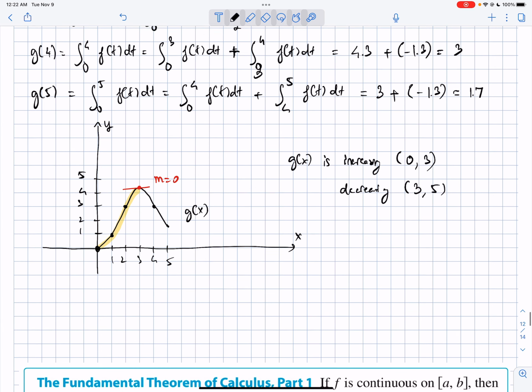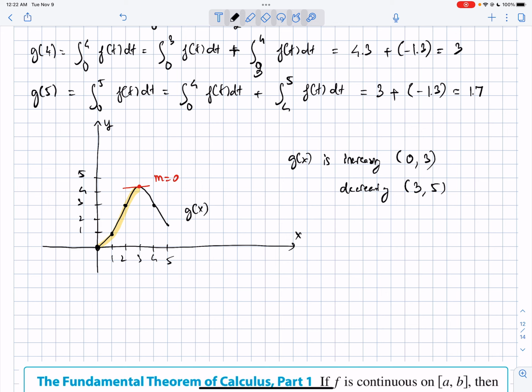So that means if you take the first derivative, it will give positive from 0 to 3, and it will give negative from 3 to 5.